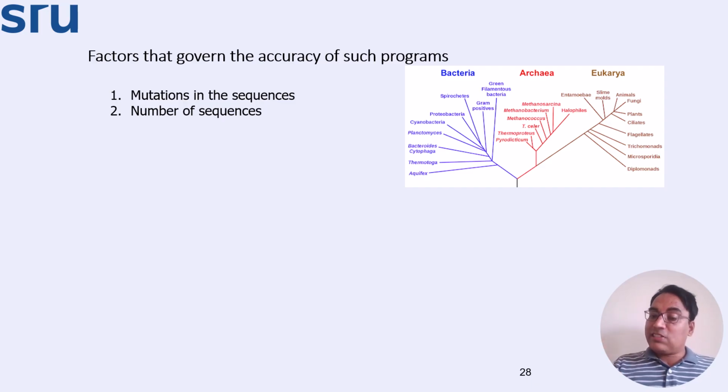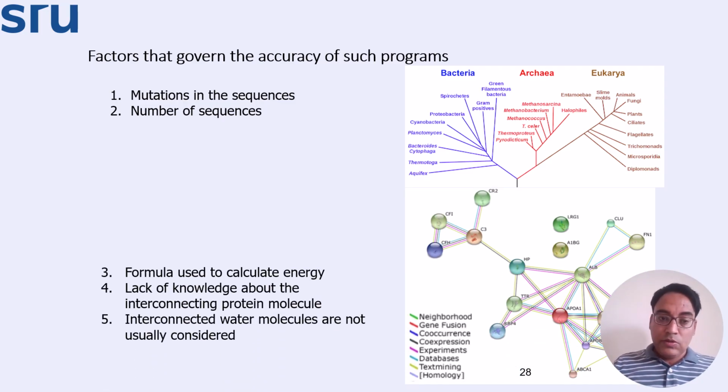But if my data set is complete, with a substantial number of representative sequences from various classes, then I have enough to classify the mutations. Now, the formula used to calculate energy.